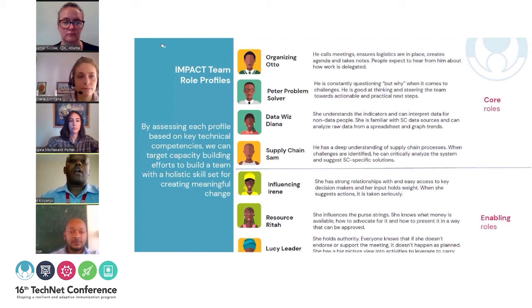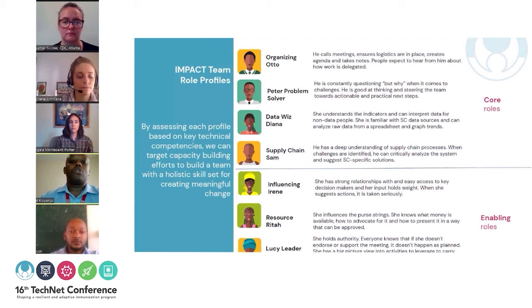These personas are divided into core and enabling roles. And from the HCD, we realized that the core roles are the anchors. These are people who should be present in each and every meeting. Then we have the enabling roles, who are not required to attend every meeting, but their support is key. They play a great role behind the curtains.